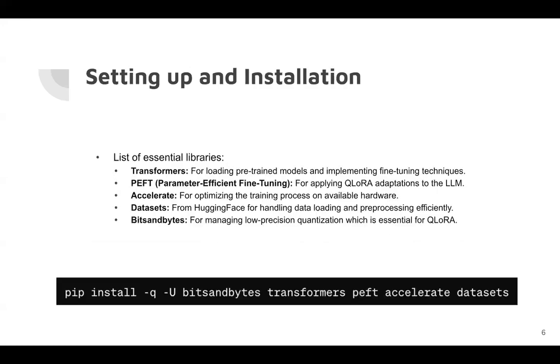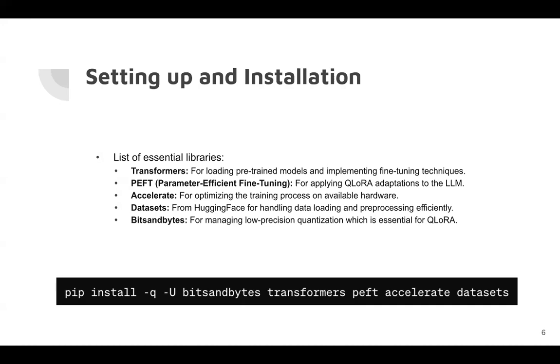So let's talk in more detail about our project. Here we'll be looking at setting up an installation. Setting up the right environment is pivotal for the success of AI/ML projects. And for our project, we leveraged several key libraries.